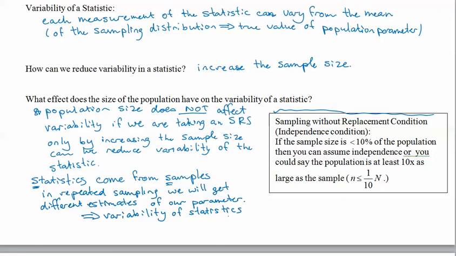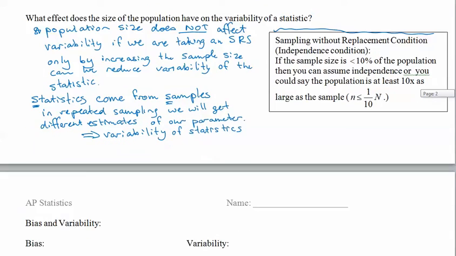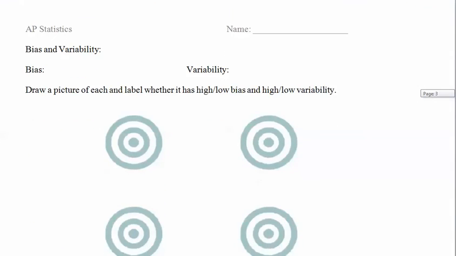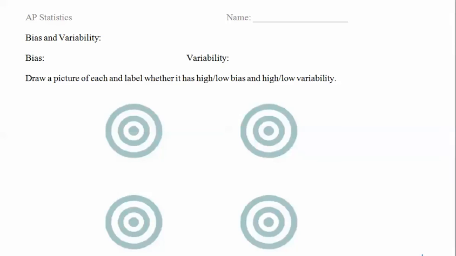Okay, so let's have a look now at bias and variability and how they relate to each other. Bias tells us how good the statistic is as an estimate of the population parameter.